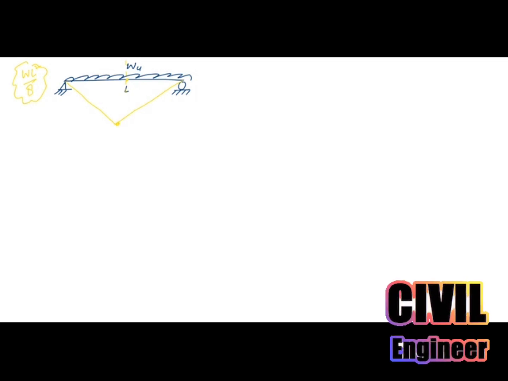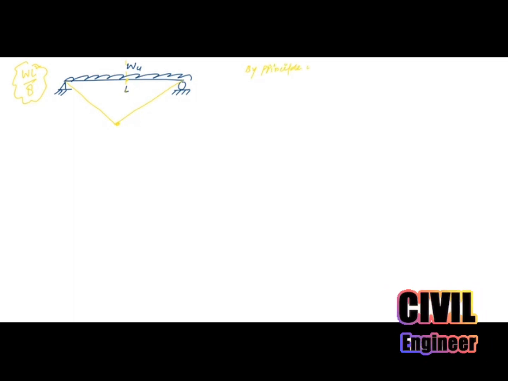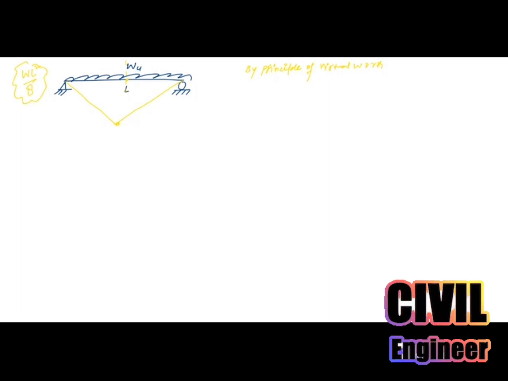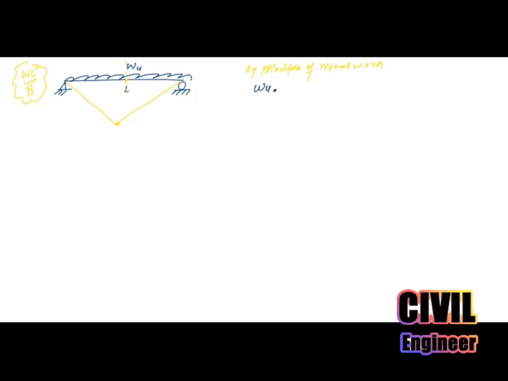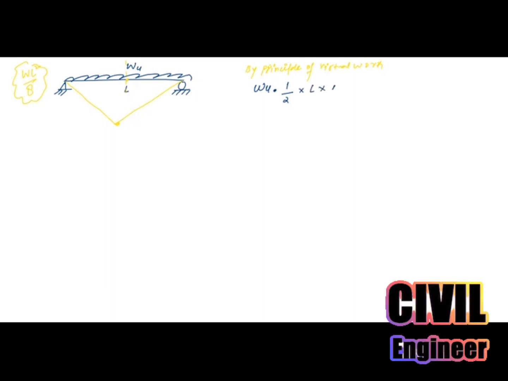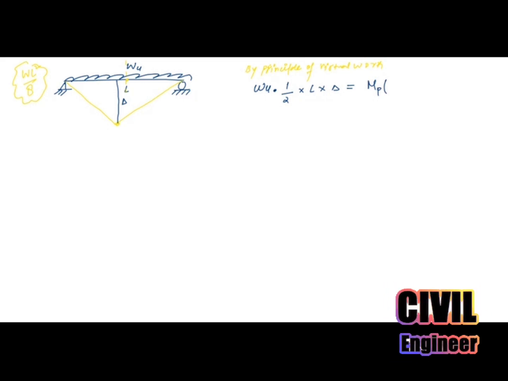So let's take now, by principle of virtual work, WU into half base into height, which is delta, is equal to MP into 2 theta.